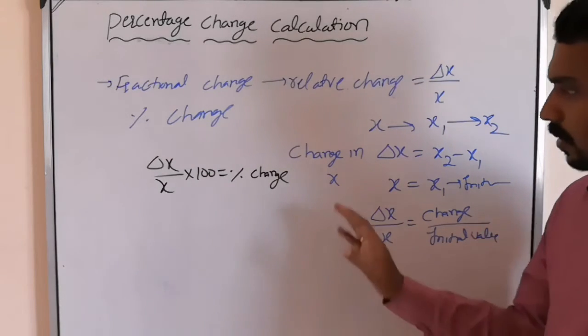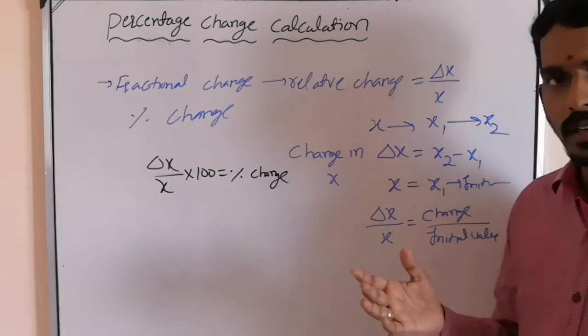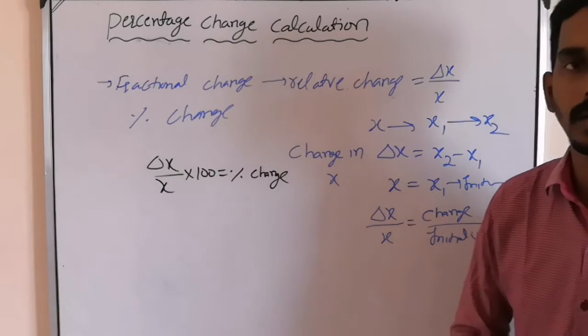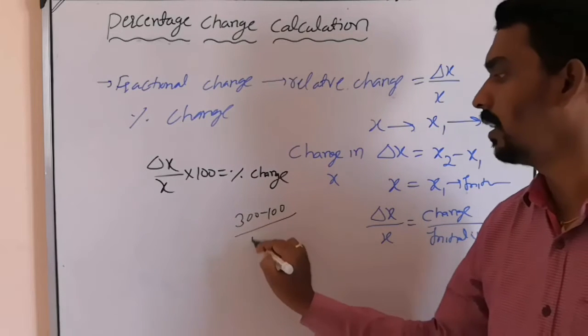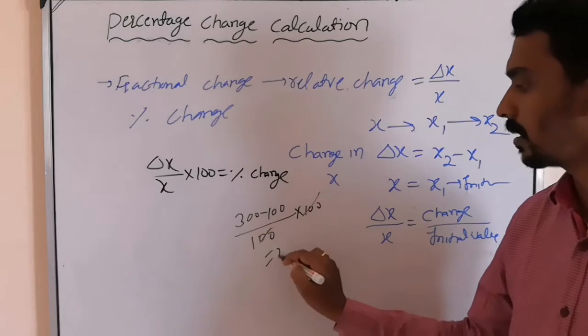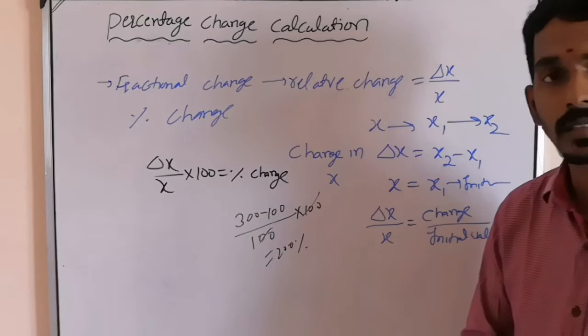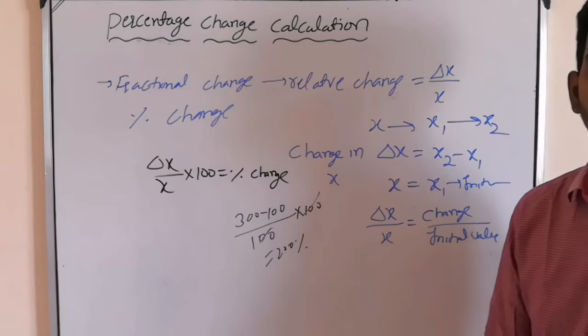But they will not ask you simply that one value changed from 100 to 300, find the percentage change. Like final is 300, initial is 100, 200 by 100 into 100, so that 100 cancels, 200%. It is not that simple.